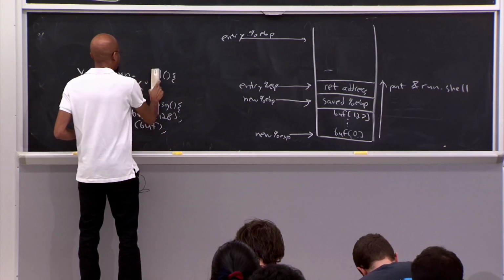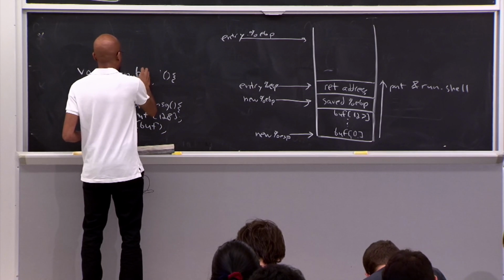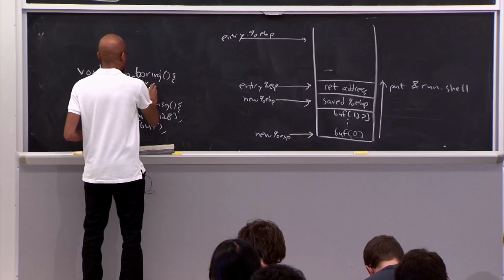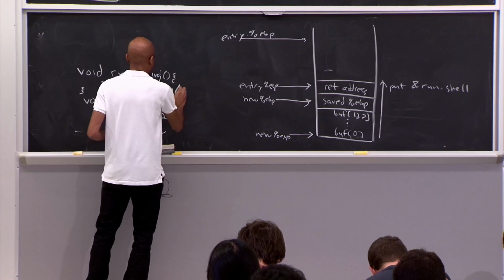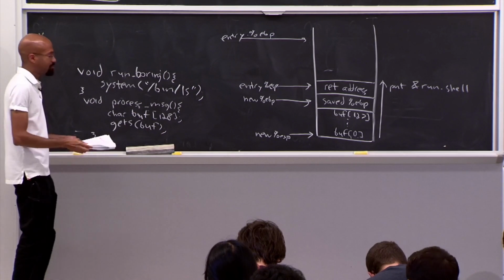So let's say that instead of this thing being called run shell, we call it run boring. And then maybe this thing just executes bin/ls, let's say.